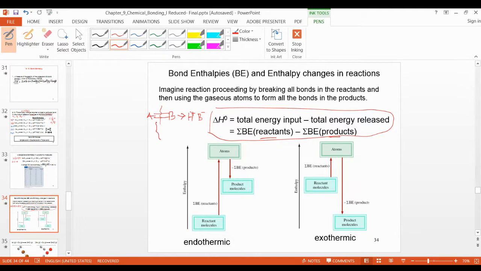You require some energy here to break this down. So this is the energy input, and energy is released whenever bonds are formed. After breaking this down, you take the total energy input minus the total energy released when the new bonds are formed.